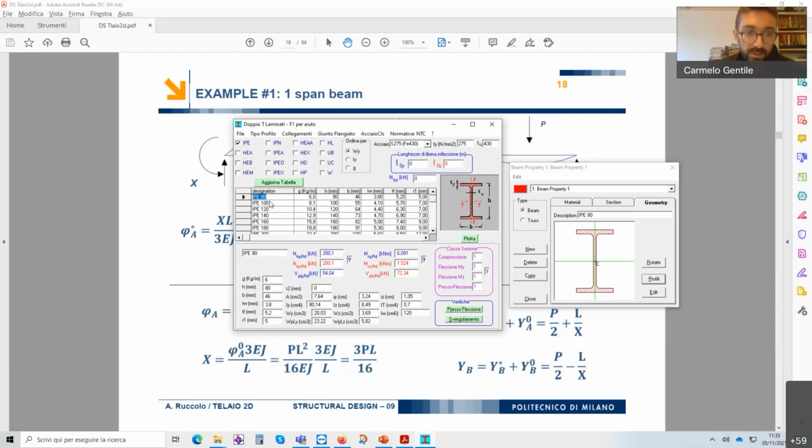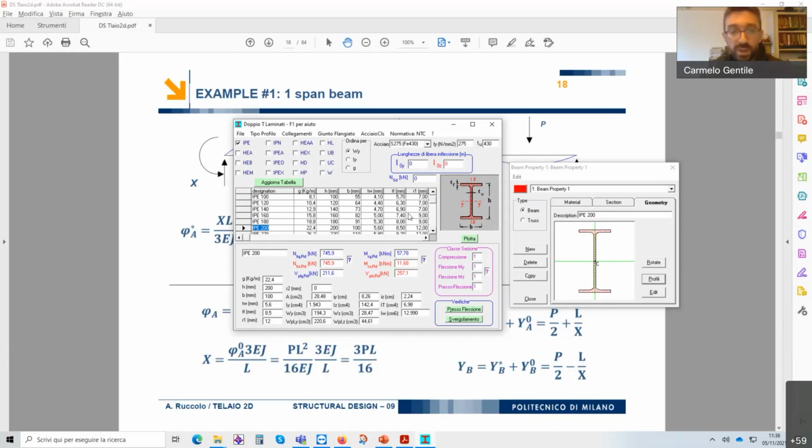If we select IPE 100, IPE 200, we can see that all the values down here are changing, and we have all the information that is provided in the table. So in this case, let's stick to IPE 200, and we have all the information.